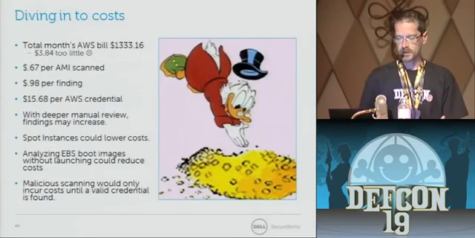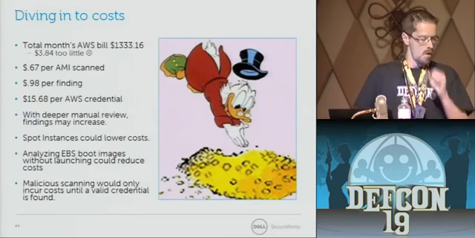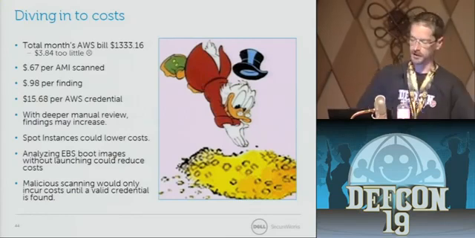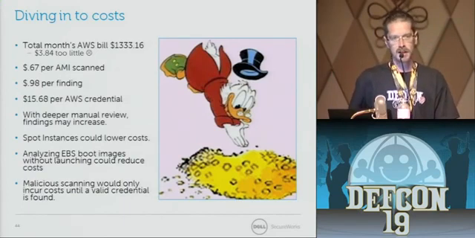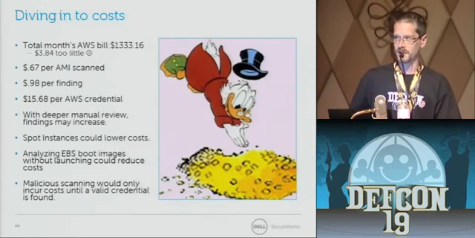So let's talk a little bit about the costs. My Amazon Web Service bill last month was $1,333. I completed all these tests within the month, and the vast majority of that is due to this project. It's a little too bad: $3.84 more, and I would have been at 1,337.